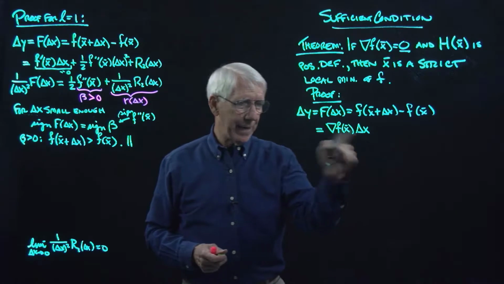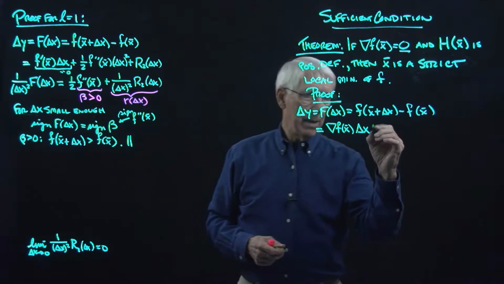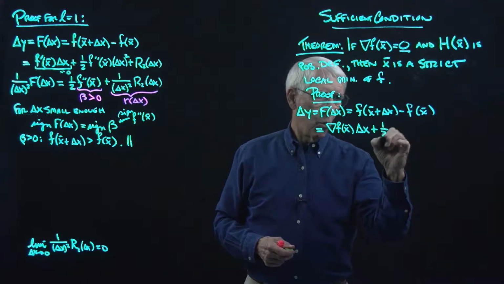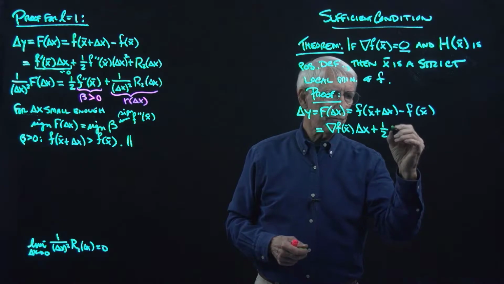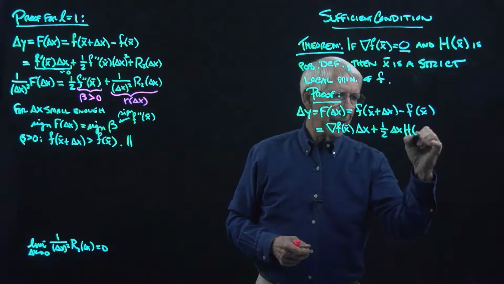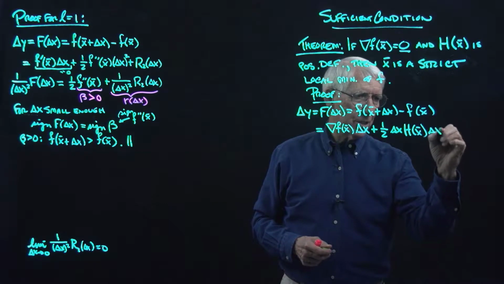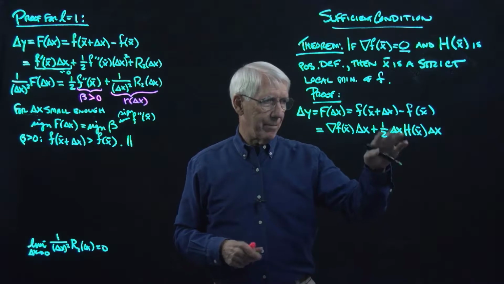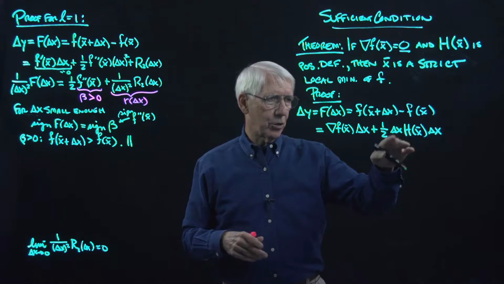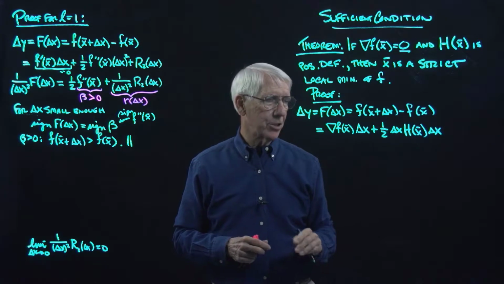So that's a vector and that's a vector, but of course what we get is a number, plus 1/2 delta x times H of x bar, the Hessian matrix, times delta x. Again, I'm ignoring the issue of transposes of vectors to make the row vectors match up with column vectors and so on.